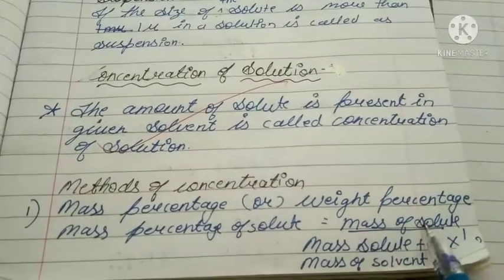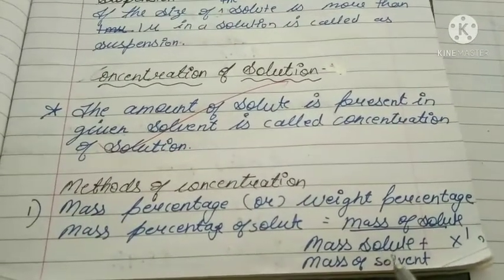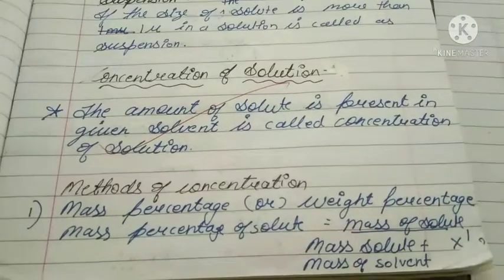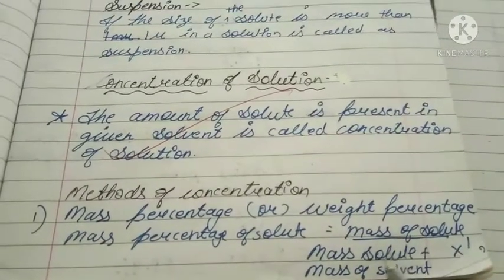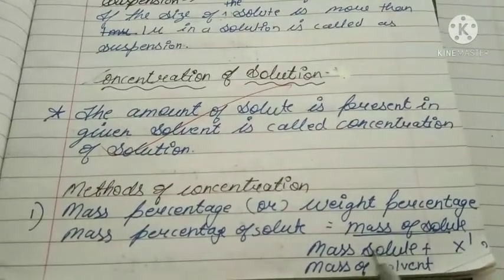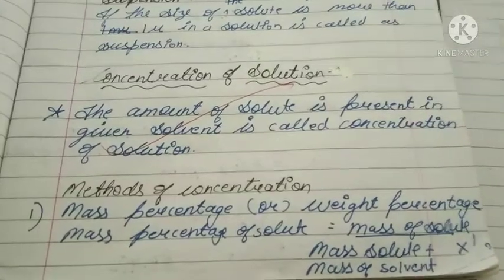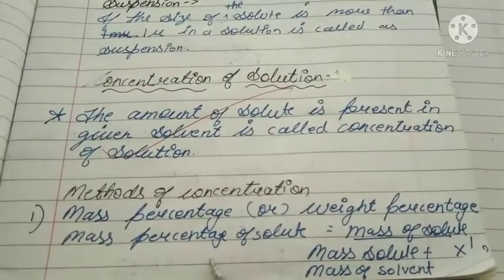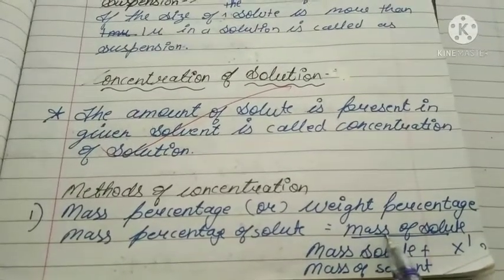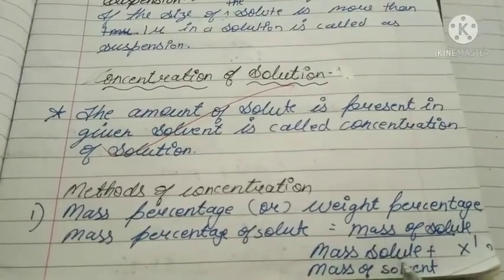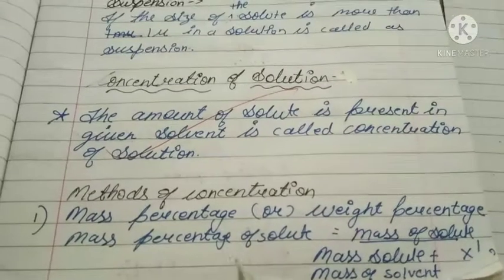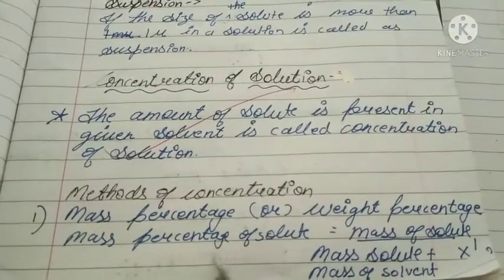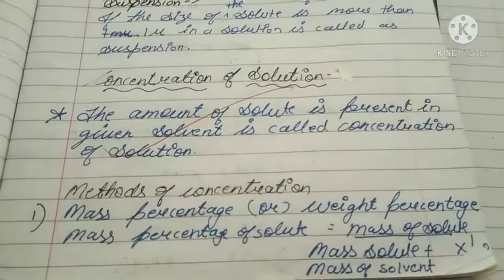Mass of solute by mass of solute plus mass of solvent into 100. Or simply we can write in the denominator mass of solution, because solution means solute plus solvent. That is the formula for mass percentage of solute.